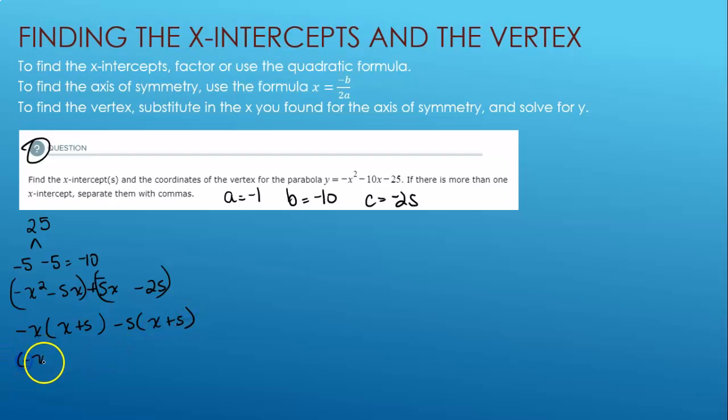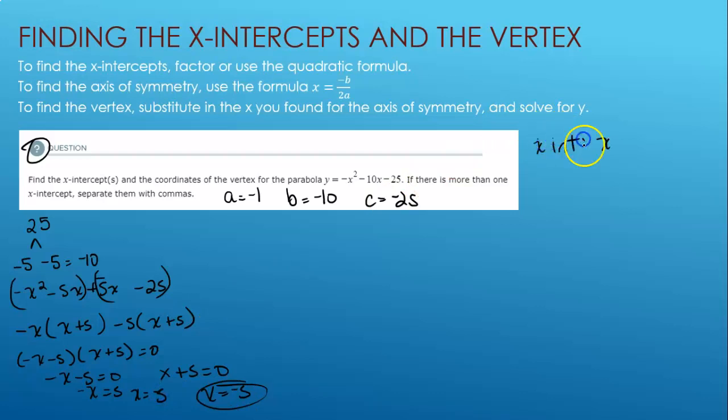So my two factors are negative x minus 5 and x plus 5 equals 0. Negative x minus 5 has to equal 0, and x plus 5 has to equal 0. This becomes negative x equals 5, which means x equals negative 5. This one also means x equals negative 5. So you just have one x-intercept here. The x-intercept is x equals negative 5.